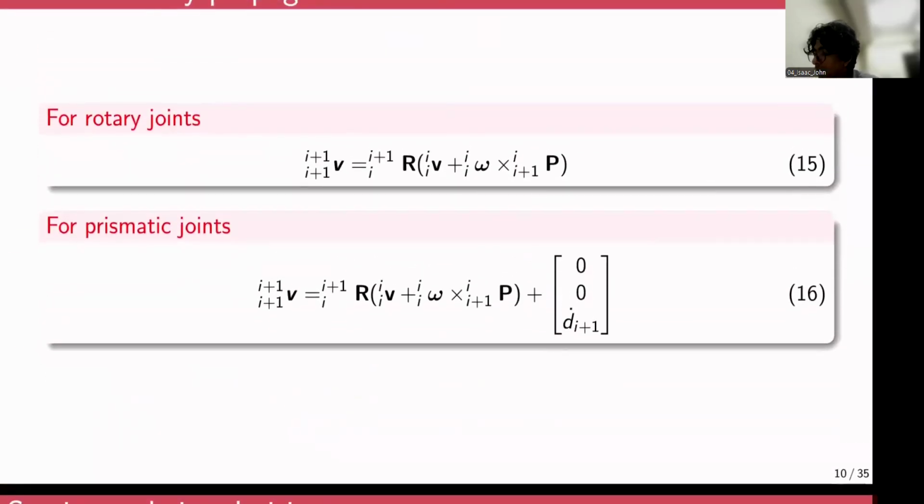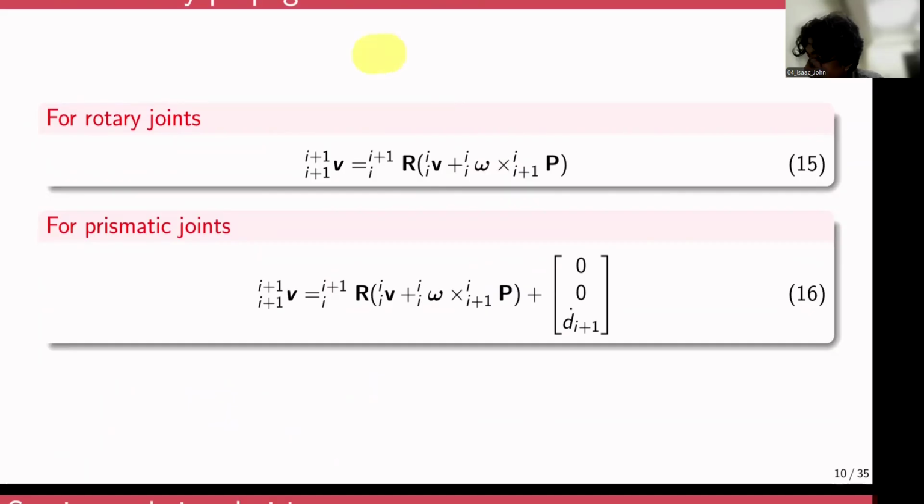And in a similar manner, we propagate the linear velocities. Maybe you can recall how we derived the general vector equation. We have a term where we have omega cross some term.